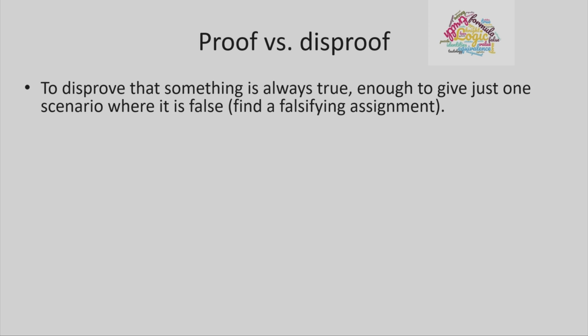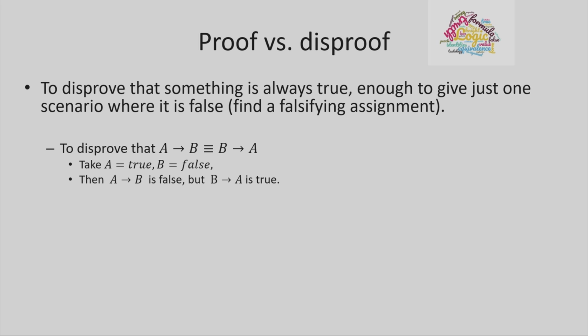So suppose somebody tells you, this is a tautology, this must be true, those premises imply this conclusion. This list of observations implies that whatever, something strange, that the earth is flat. What would you do with the statement? So to disprove that it's always true, it's enough to give just one scenario where it's false.